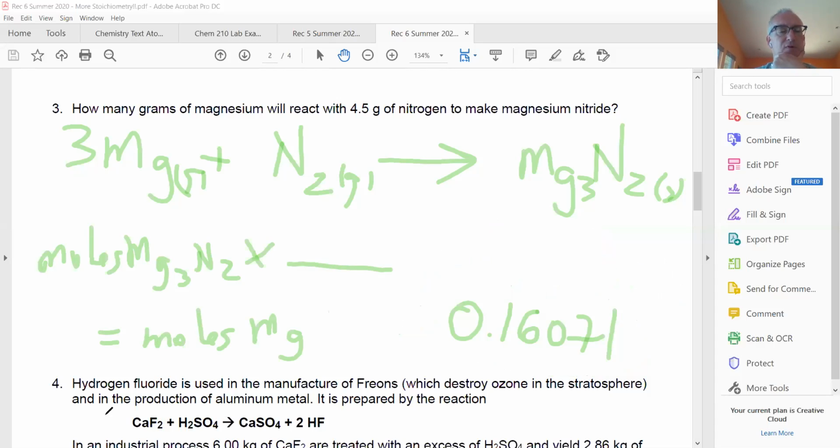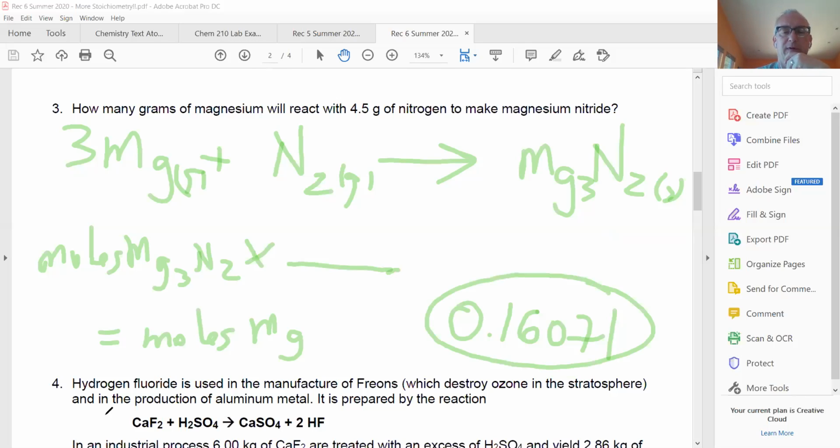What am I going to multiply moles of magnesium nitride by to give me moles of magnesium? And this is the number of moles of magnesium nitride right here. So we're going to multiply that by something to get moles of magnesium. What do I multiply that number by?